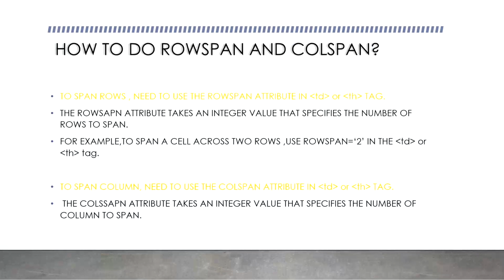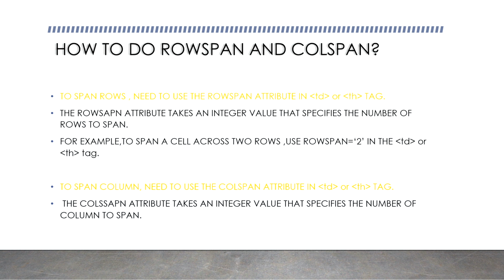How to do rowspan and column span? To do rowspan, we need to use the rowspan attribute in the table column or table header tag. The rowspan attribute takes an integer value that specifies the number of rows to span. For example, to span a cell across two rows, use rowspan equals 2 in the td or th tag.